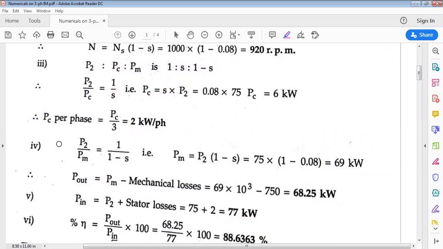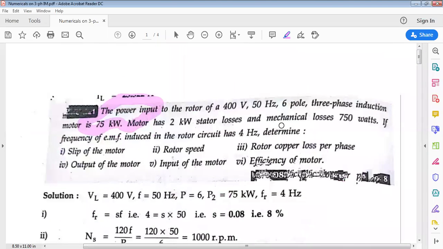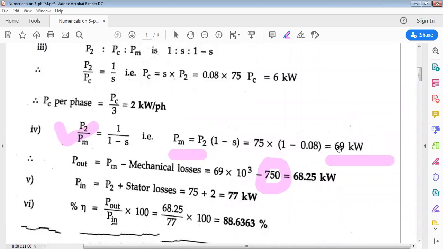So using that relationship, calculate PM, 69 kilowatt. Mechanical losses are given, 750 watts. So 69 into 10 to the power 3 watt minus 750 watt will be the output of motor.